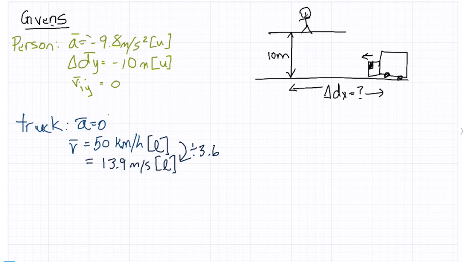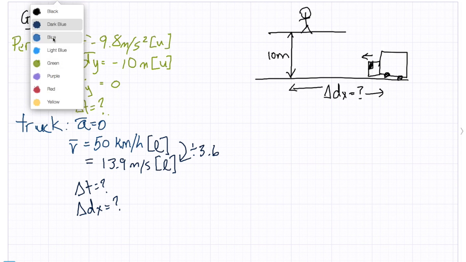The time that the person takes to drop to the ground is the same as the time it takes the truck to get there. So that's what we're looking for. The delta t for the person is the same as the delta t for the truck. And ultimately, we want to find our delta dx.